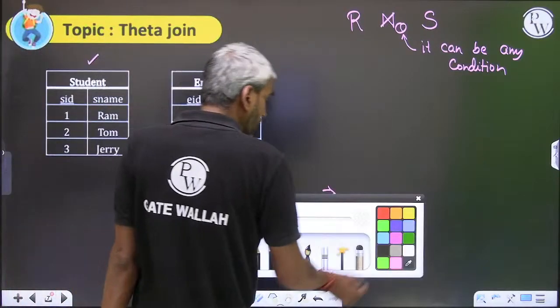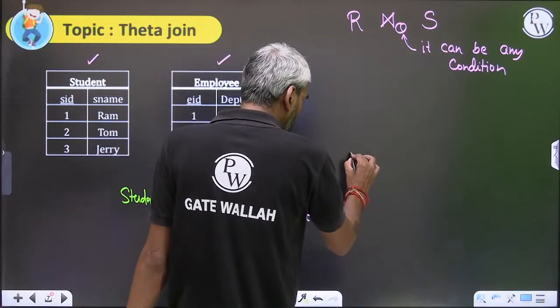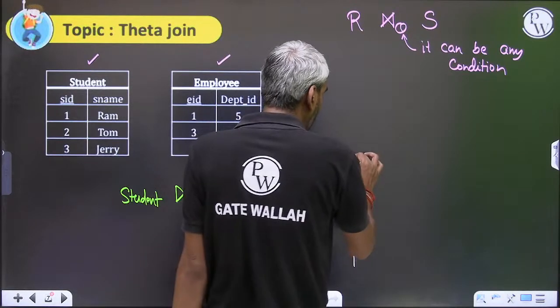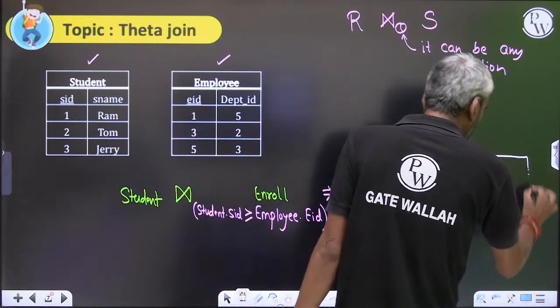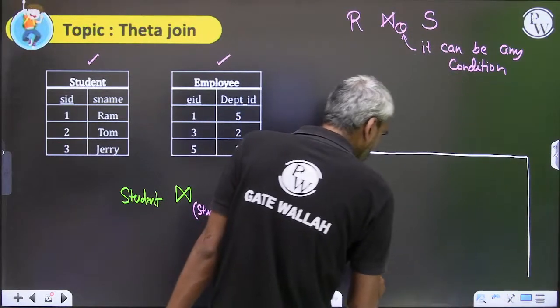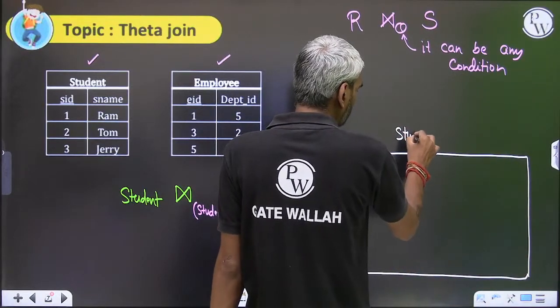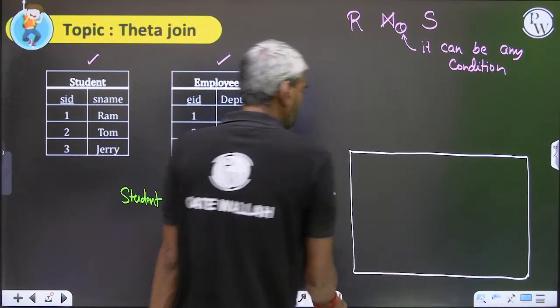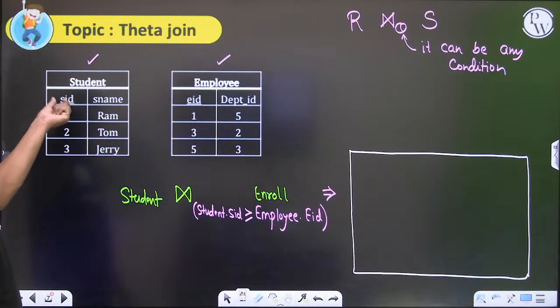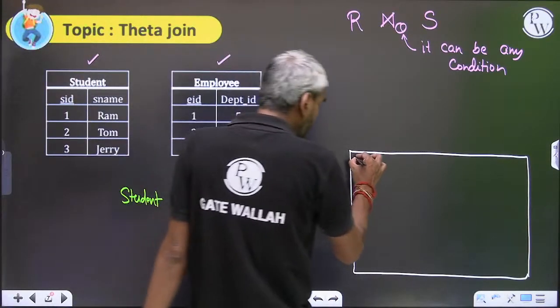Just like cross product, the very first thing that will be performed when you perform the join operation is that first you will perform the cross product. So that's your result. You will have all the attributes.